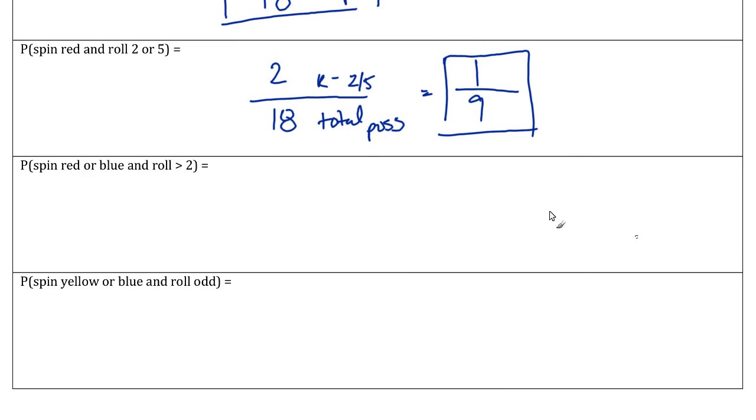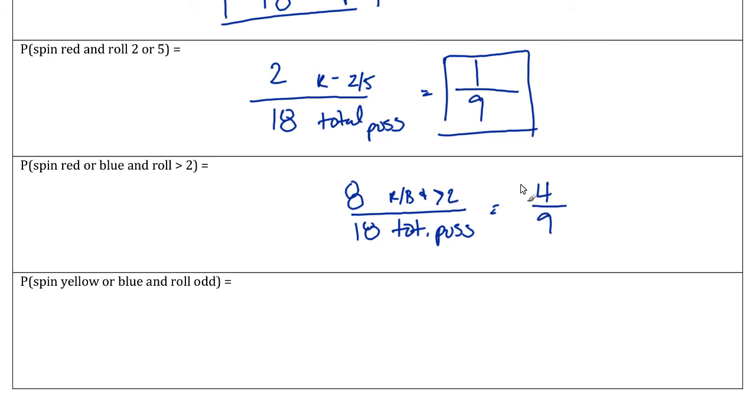There are 8 of those possibilities out of 18 total possibilities, which reduces to 8 divided by 2 is 4, 18 divided by 2 is 9. So a 4 in 9 chance of that happening.